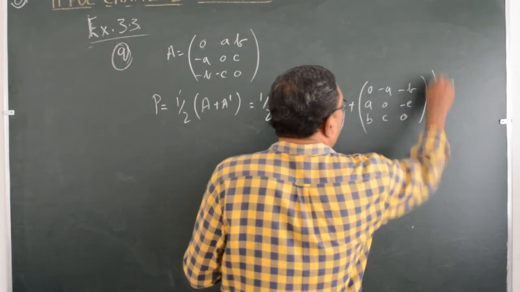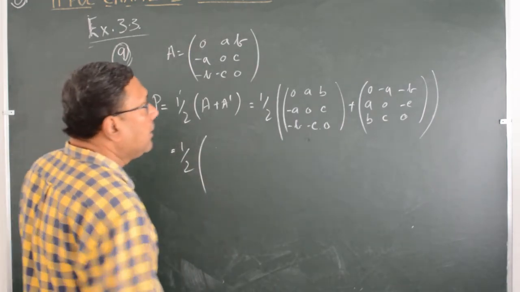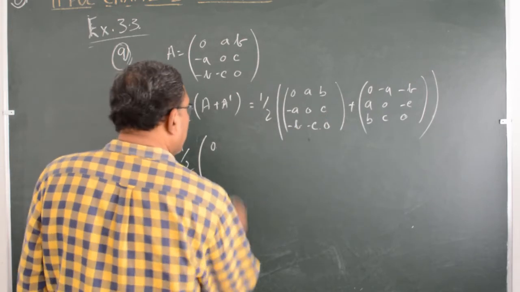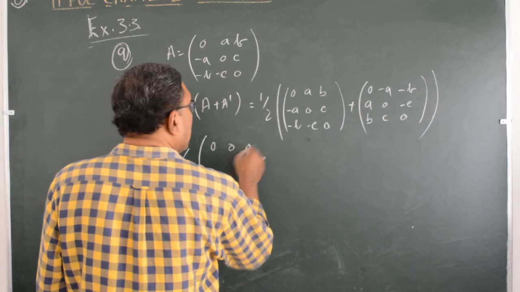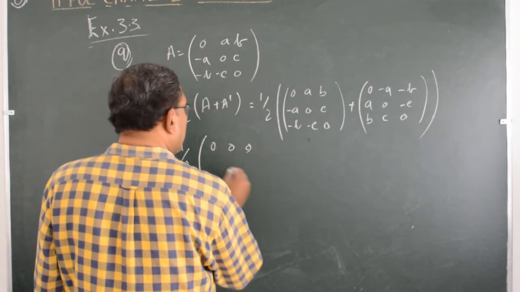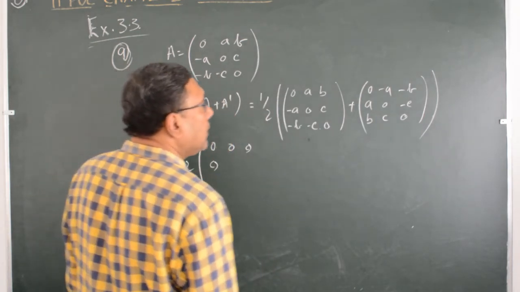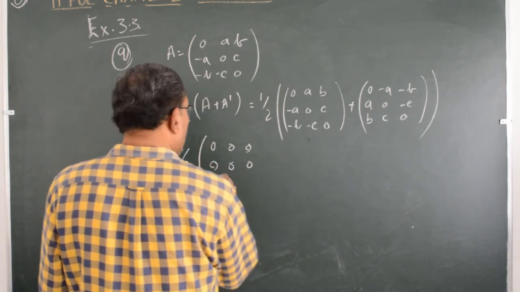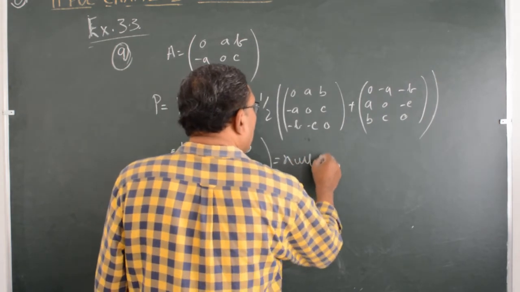Okay, let's add it and keep half outside. So 0 plus 0 is 0, a plus of minus a is 0, b plus of minus b is again 0. And minus a plus a is 0, 0 plus 0 is 0, c plus of minus c is 0, all 0. I think we are getting a null matrix.